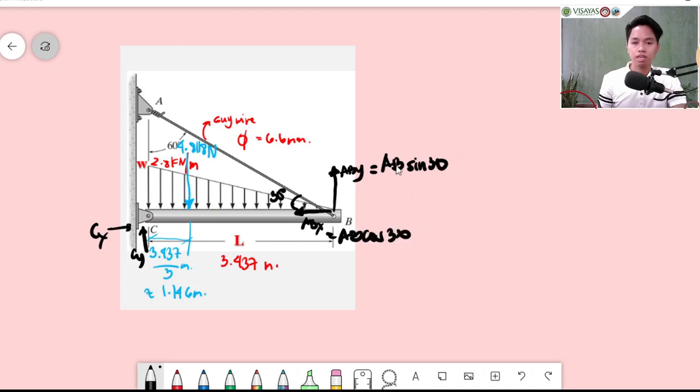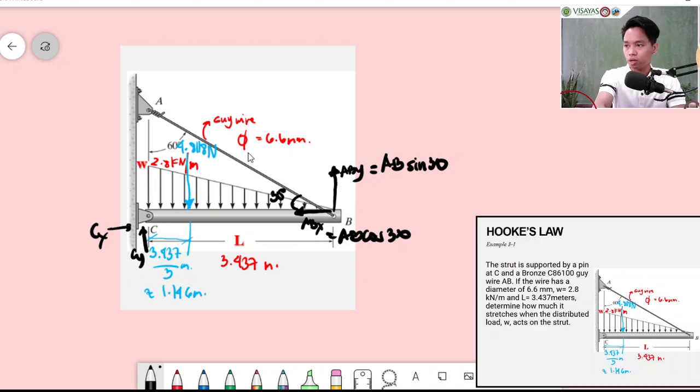So, to solve for AB, since we are concerned with the force, because again we need to solve the deformation.